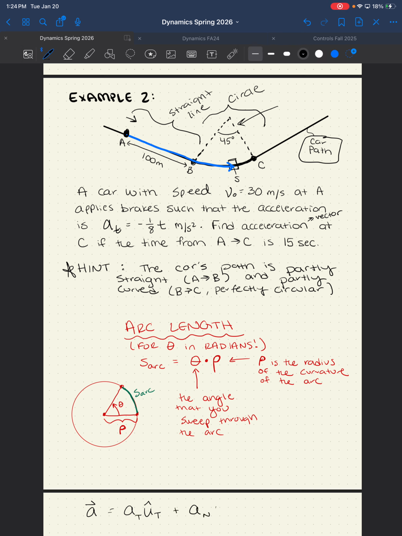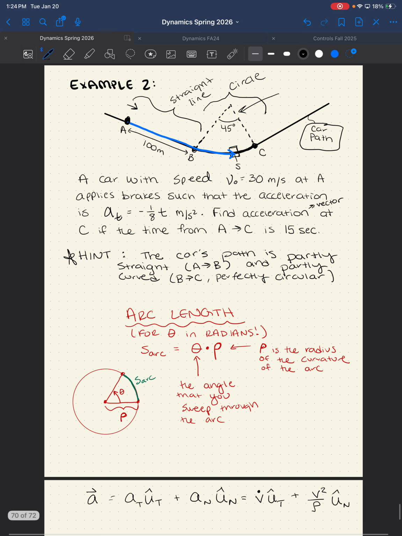What makes this problem a little gross is that it's piecewise. So there's kind of 2 parts. And acceleration is going to change from when you're on the straightaway to when you're in the curve. Okay, so you might think about it as 2 separate problems almost.